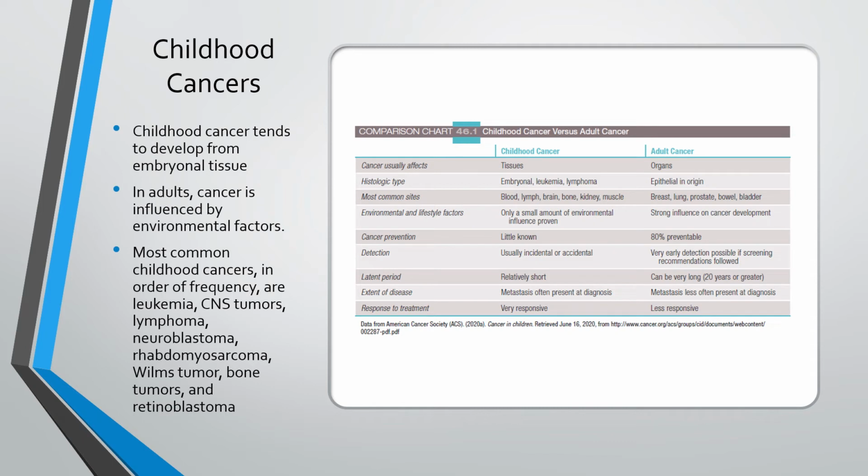Radiation is used to kill those cancer cells. Hematopoietic stem cell transplant, also known as bone marrow transplant, uses high doses of chemo and radiation to the point of destroying the child's bone marrow. So we use it in very advanced cancers.